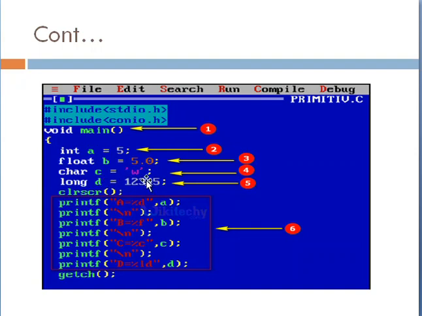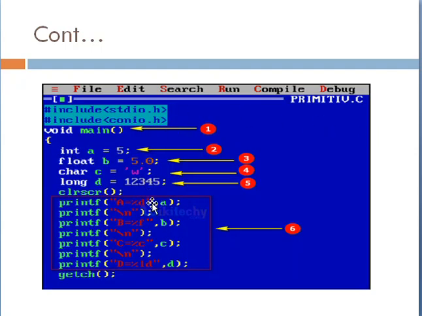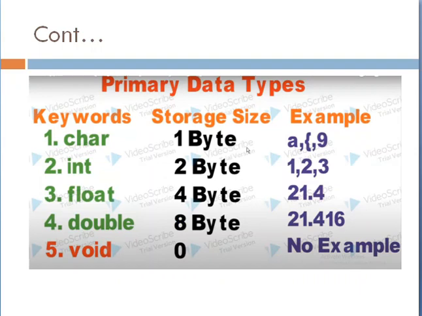Character c, w is a character, long d is a long value, for example 1, 2, 3, 4, and 5. The control strings are %c for character, %d for integer, %f for float, and %ld for long integer. The same thing I told earlier.